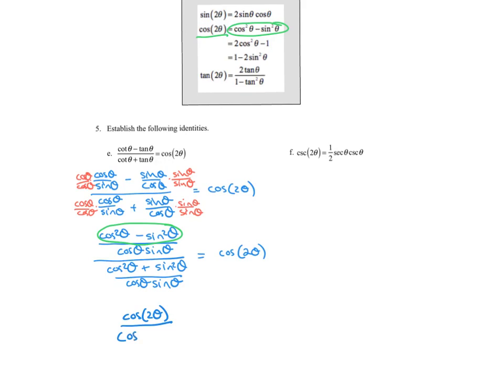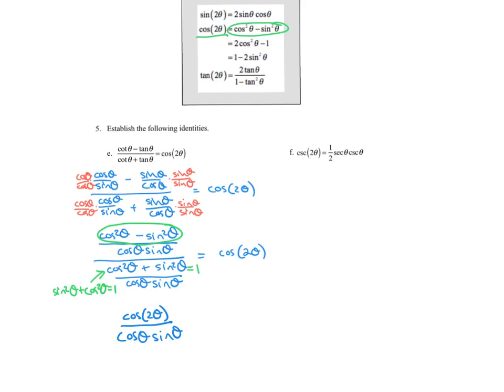And I'm not going to do anything with cosine theta, sine theta. I'm going to multiply by the reciprocal of the bottom fraction, but I do have a Pythagorean identity right here. Sine squared theta plus cosine squared theta equals 1 is one of my Pythagorean identities. So this expression right here is equal to 1.